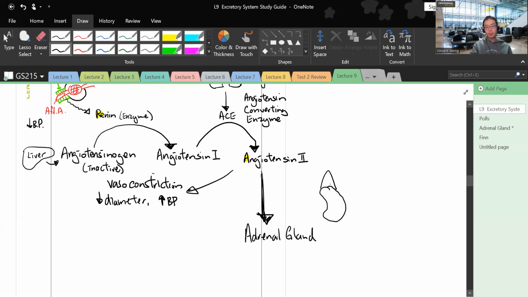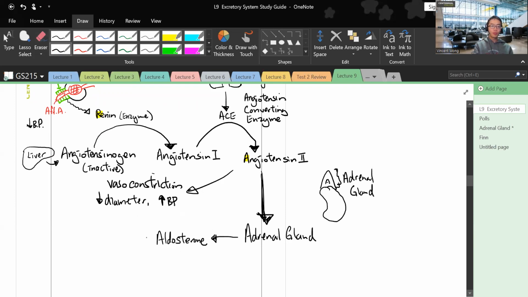Your kidney is wearing a party hat, and the party hat is the adrenal gland, right? Okay. So it will cause the adrenal gland to secrete aldosterone. Aldo like the brand, and then sterone. Okay, so it ends with ONE, like testosterone, progesterone. It is a steroid hormone.